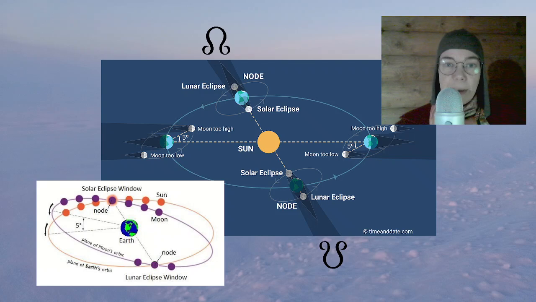So that is what the nodes stand for. It stands for that alignment of the sun, moon, and earth, that direction. And it takes 1.5 years for the nodes of the moon to move through one zodiac sign. So they are moving in the opposite direction than the planets are moving.